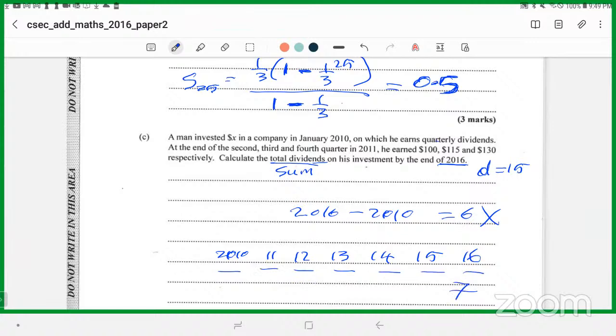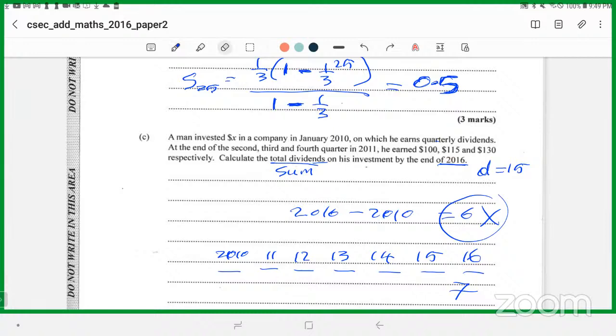So that's 7 years. And each year had 4 quarters. But plenty of people just subtract and then say 6 years. No, when you're dealing with a question in years and you subtract, you have to remember to add back the first year, because the first year is included.